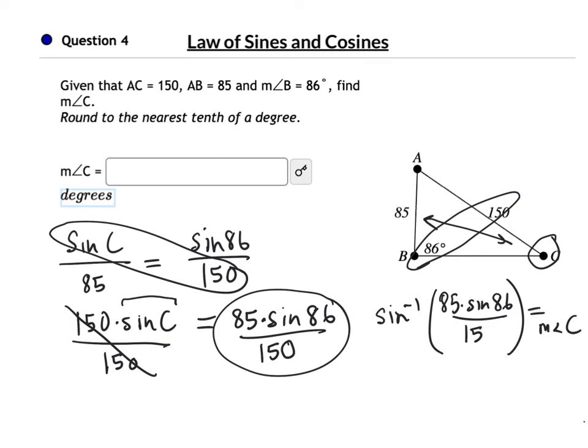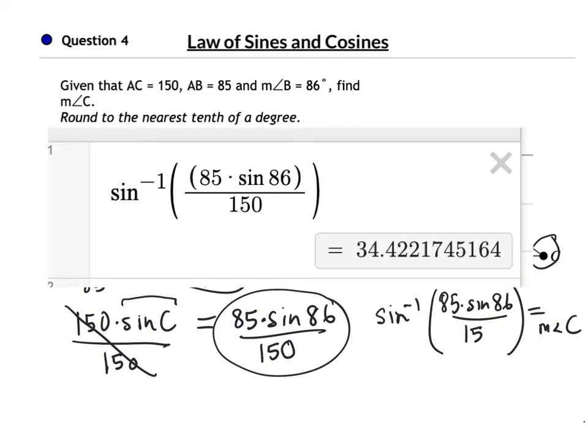I'll show you both. So I just plugged in exactly as it was, and I found that the measure of C to the nearest tenth is 34.4 degrees.